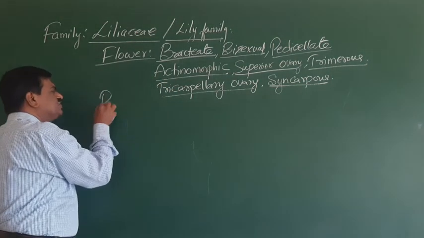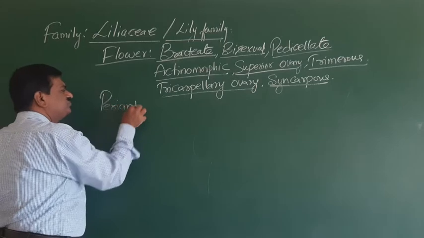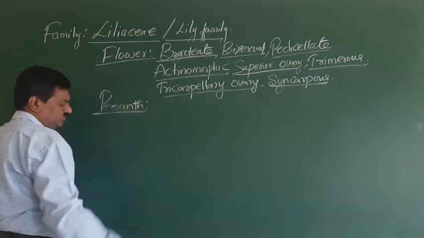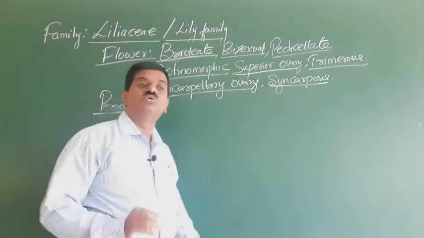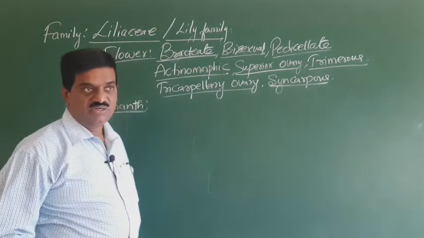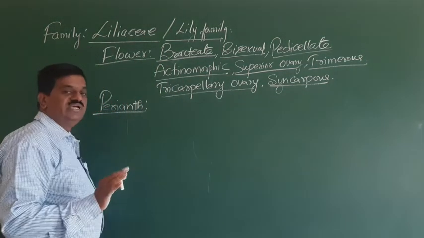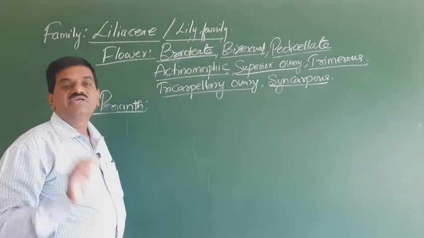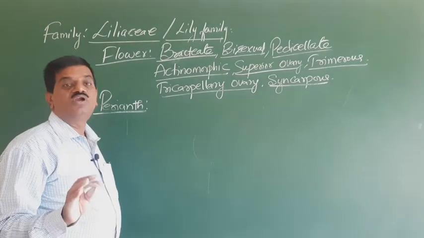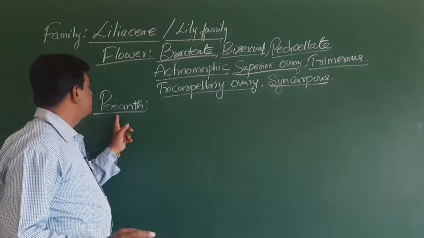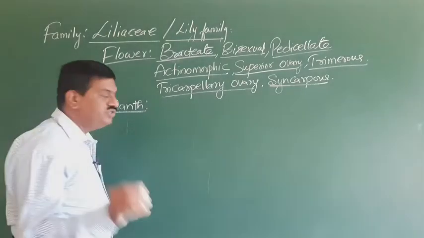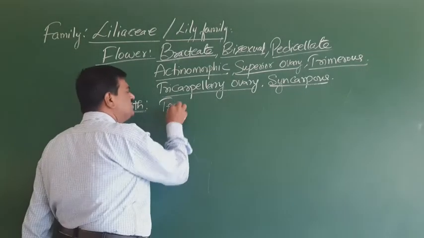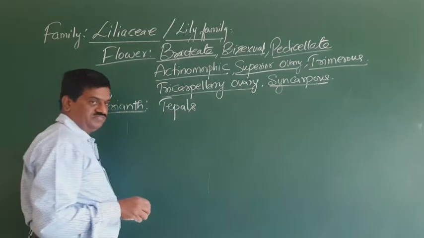So the next heading is called as perianth. Here we never use a word Calyx and Corolla because this is a monocot family. In a monocot family, Calyx and Corolla cannot be differentiated, so we use a word perianth. So here in a perianth, tepals will be 6.